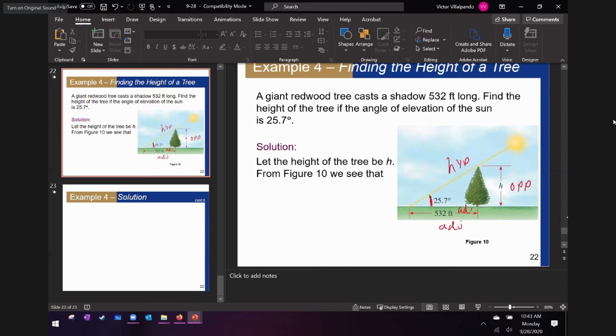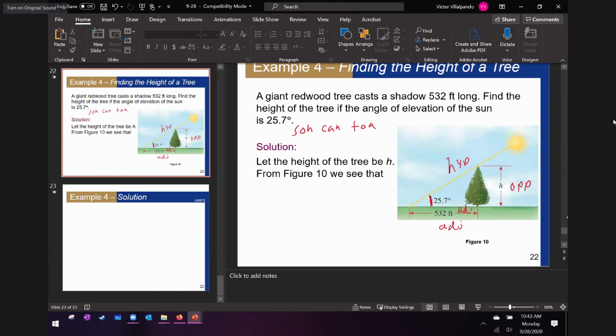So hopefully you're thinking right now, which trig? Let me go ahead and write SOHCAHTOA again. Based on what I have, I want to find the height of the tree. I want to find opposite. Based on what I have, which trig one should I use?